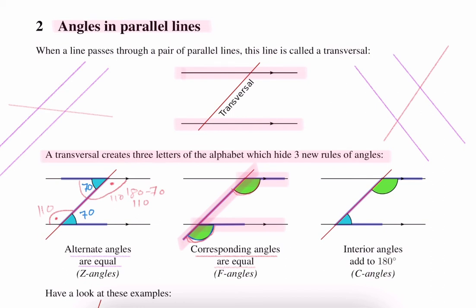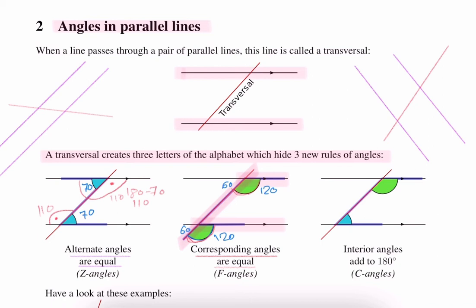So if this angle is 120, then this angle is also 120 because they are corresponding angles. Also, if this angle is 60, this angle will also be 60 because both are corresponding angles. Let's take another example here for corresponding angles.